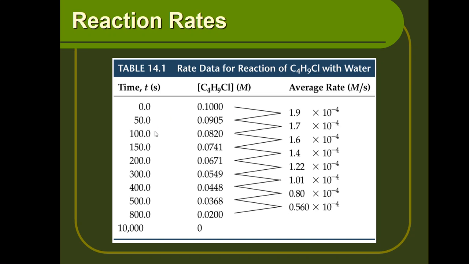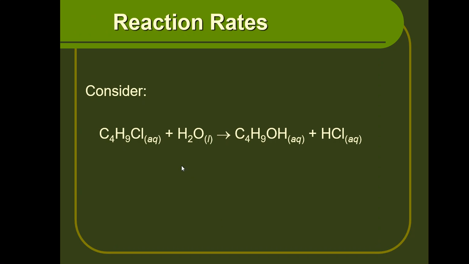So in here, we're trying to monitor how the rate behaves in terms of the changes in the concentration of the reacting component, which is butyl chloride, because it's our reactant in this reaction.